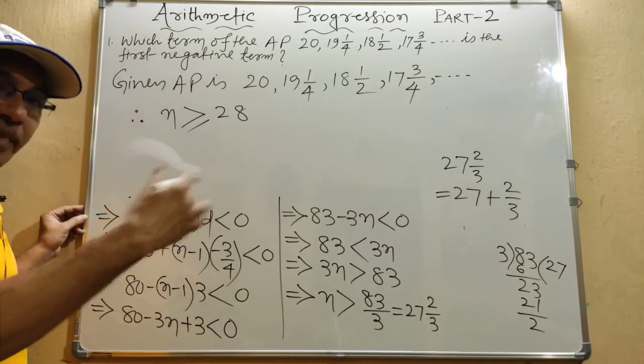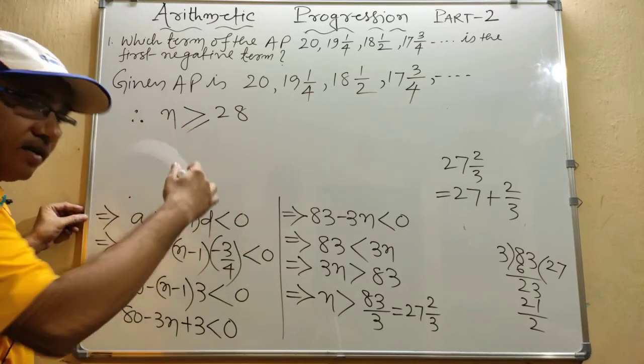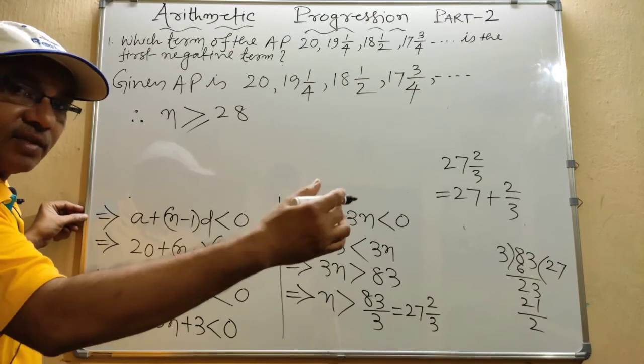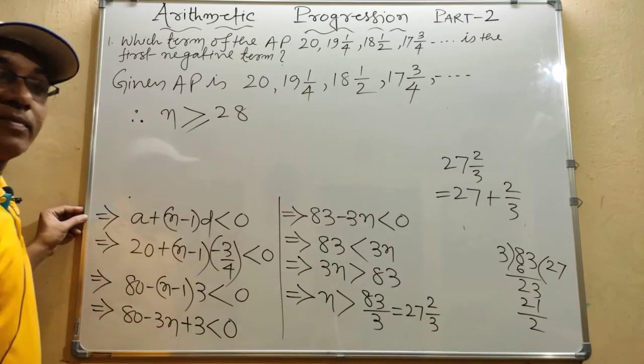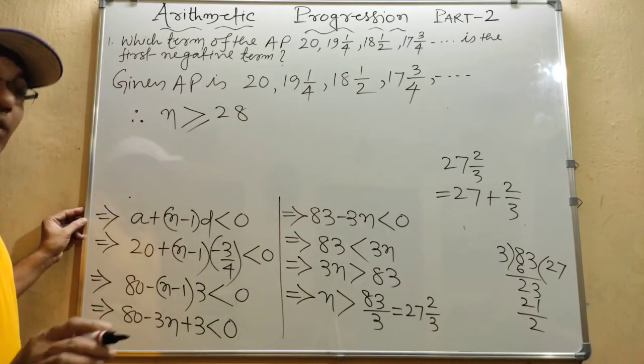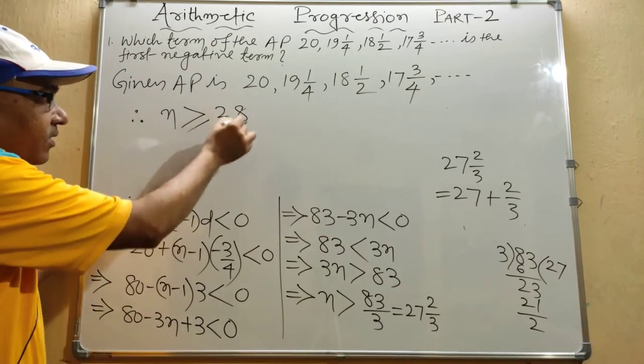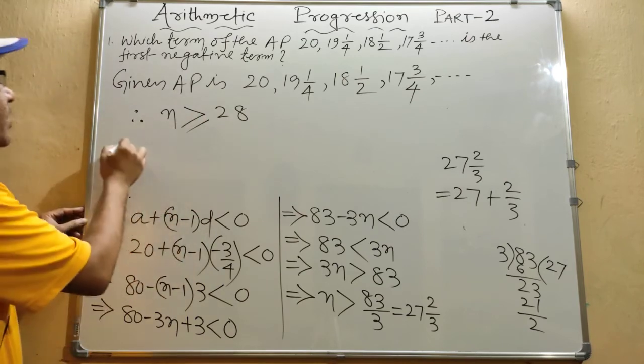28 and after that, bigger ones, 29, 30, 31, all will be negative. Understand? So which one is first negative? First negative will be your 28.